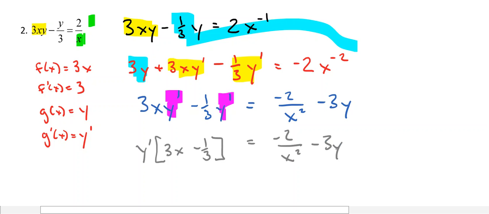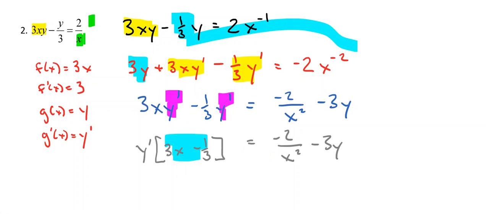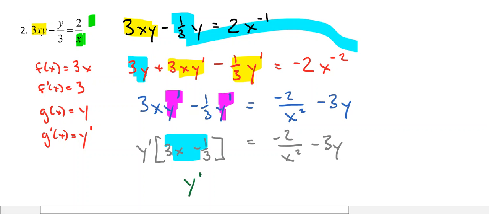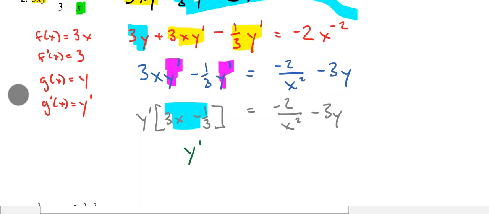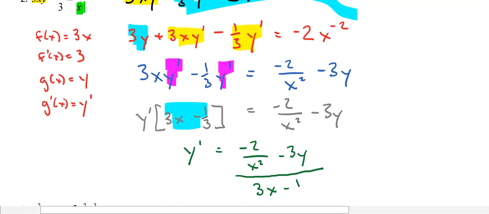And then we need to divide by this into the other side, so we have the y prime isolated. So y prime is equal to negative 2 over x squared minus 3y, all divided by 3x minus 1/3.